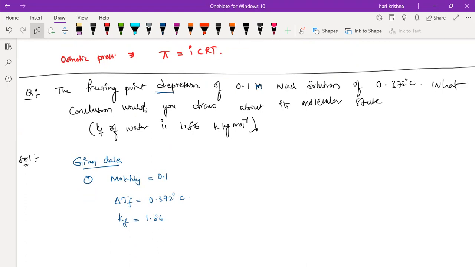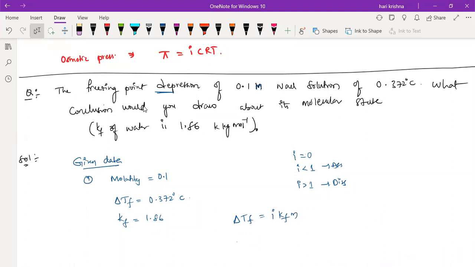They are asking about the i value. If i is equal to 1, there is no association or dissociation. If i is less than 1, there is association. If i is greater than 1, that is dissociation. Then which formula do we have to use here? Delta TF equal to i Kf m.